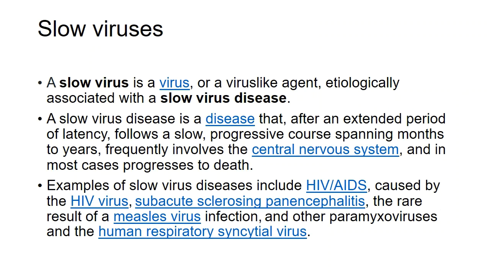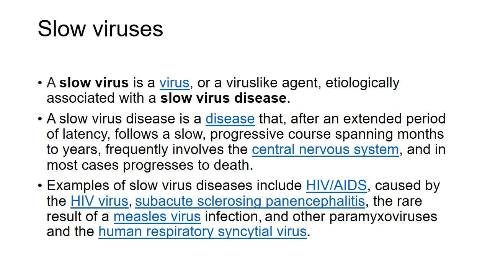Now, coming to slow viruses. A slow virus is a virus or a virus-like agent, like a prion for that matter, which causes a slow virus disease. A slow virus disease is a viral disease that has an extended period of latency. It follows a slow and progressive course spanning months to even years.